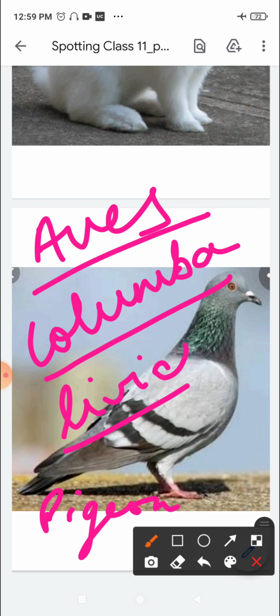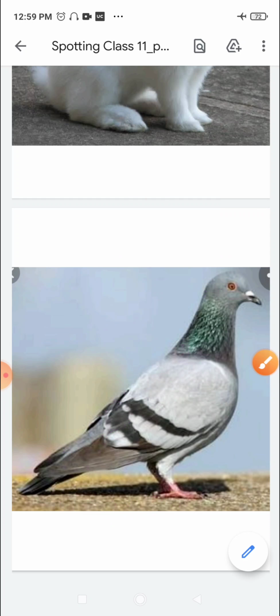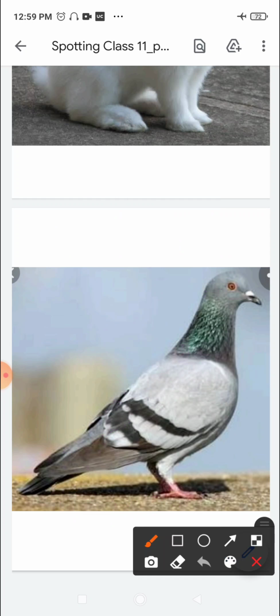The body is around 20 to 25 centimeters long, covered with slate blue feathers. Slate blue is grayish blue. You can see here the feathers. A narrow fluorescent band occurs around the neck.